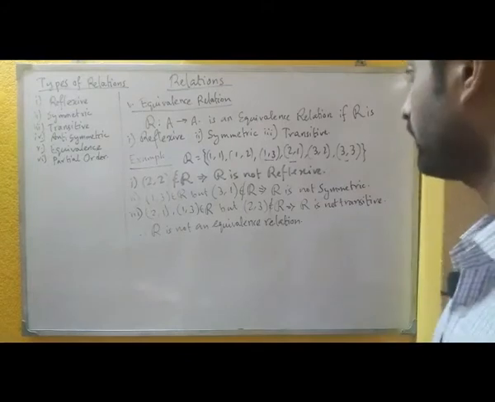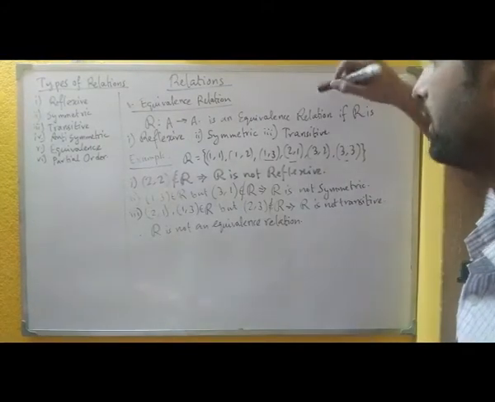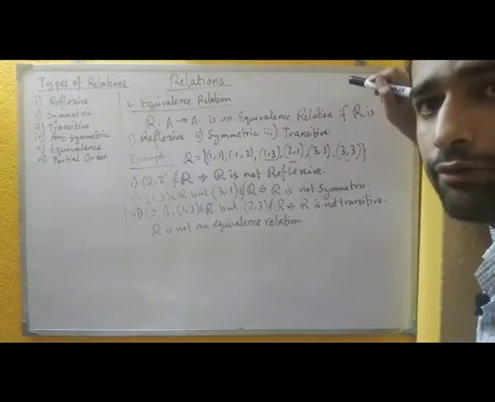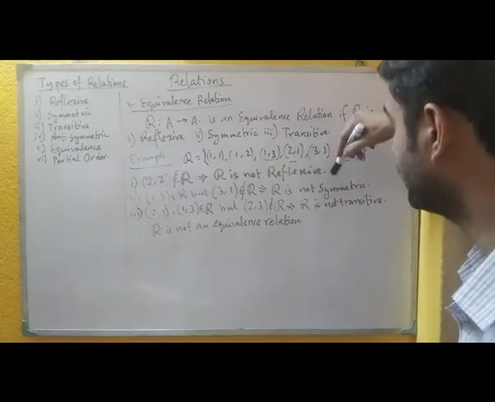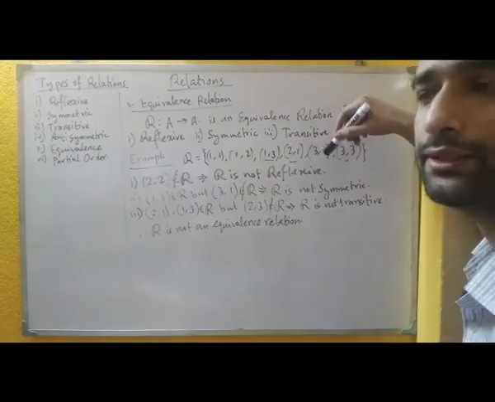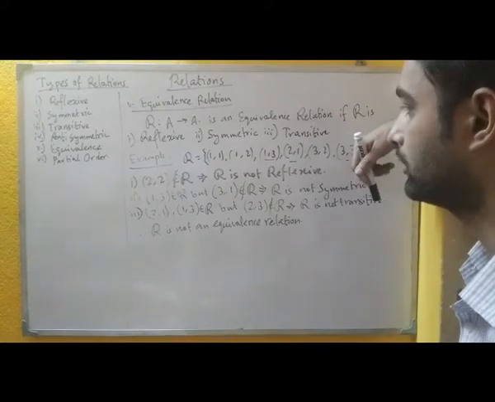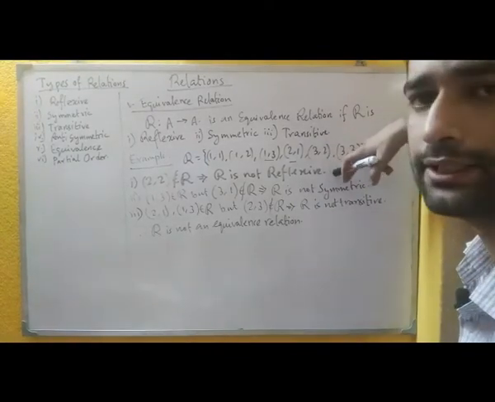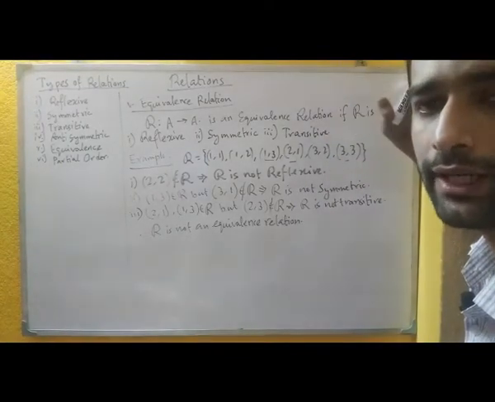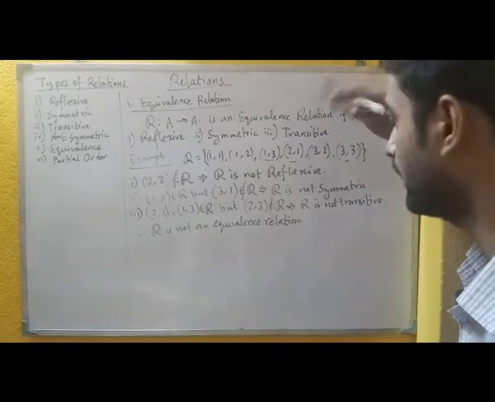Okay, so remember, whenever we have to check whether a relation is an equivalence relation, and we see that the first condition, that is the reflexivity, is not being held, then straightforward from that condition we can say that the relation will not be an equivalence one.